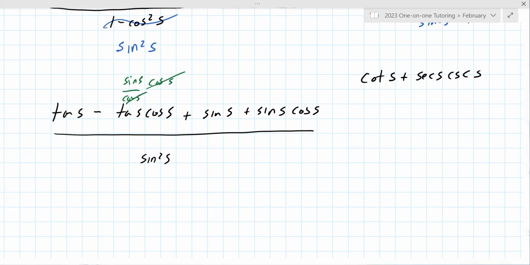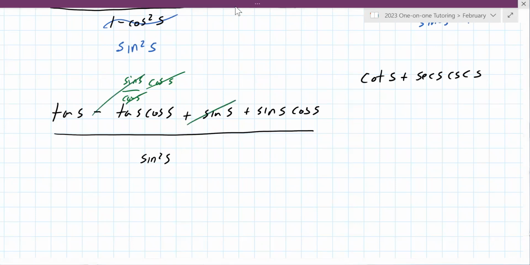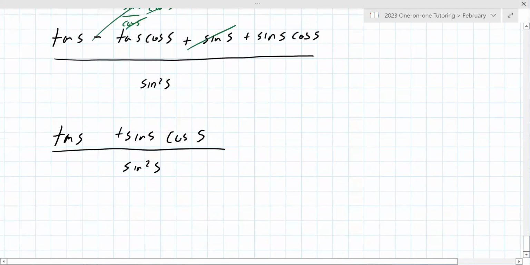That leaves minus sine s plus sine s, so those are going to cancel right there. And now it's getting closer: tangent s plus sine s cosine s over sine squared s. So we're going to divide each term by the sine squared s.